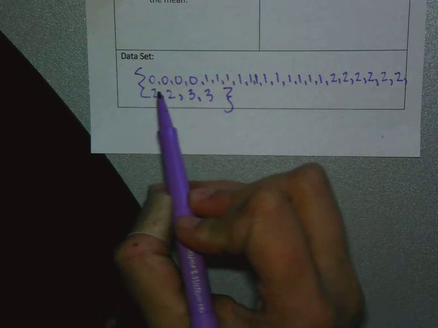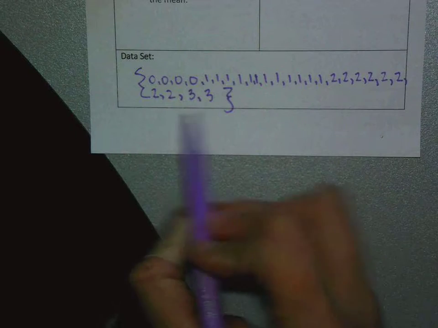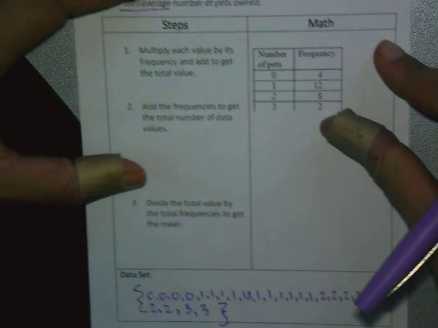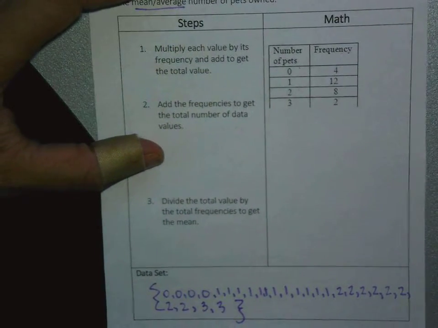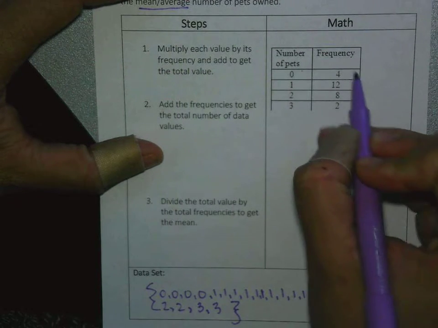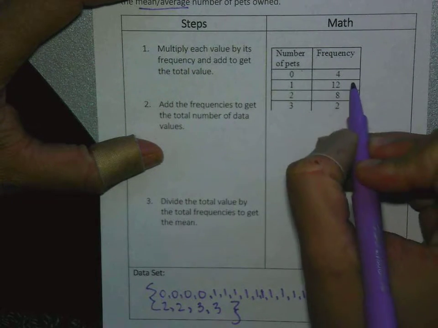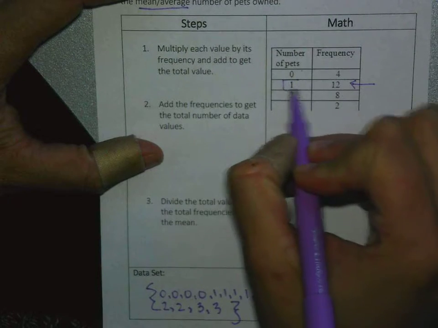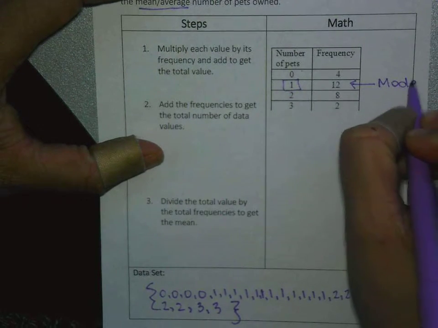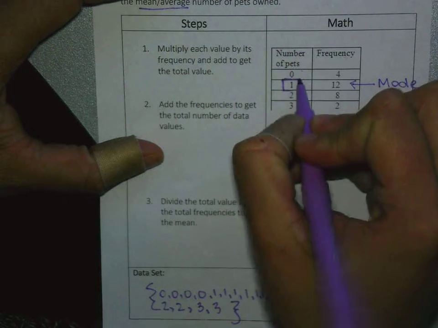And the mode, it's not super easy to see which number occurs the most because they're all occurring pretty frequently. So instead, we write the data in a frequency table to organize it better. You might have noticed that the mode of this frequency table is 1 because the number 1 occurs 12 times. So the mode would actually be 1.